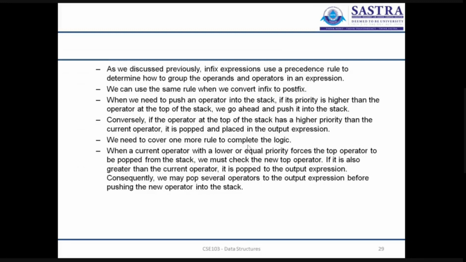Equal or lower means we need to pop, and the new operator must be pushed onto the stack. If it is equal, the operator already at the stack top must be popped and the current operator pushed. Suppose the stack top has the division operator and the current operator is multiplication. Since both are equal, the division must be popped out and the multiplication pushed onto the stack. Okay sir, understood.